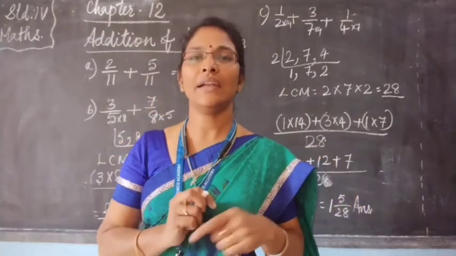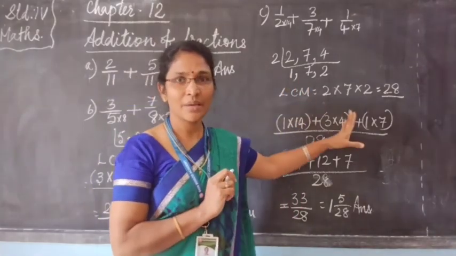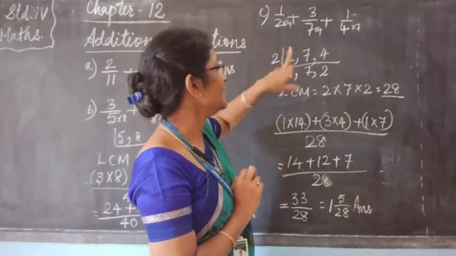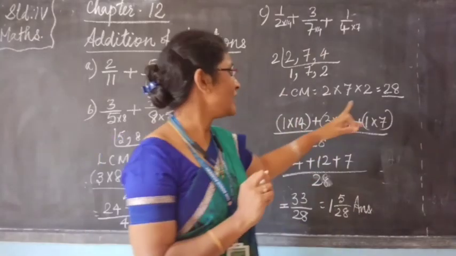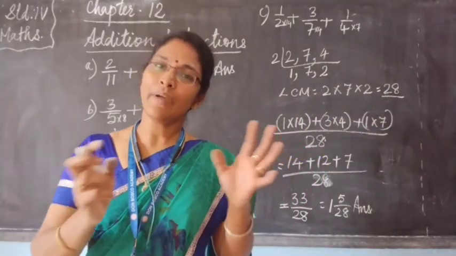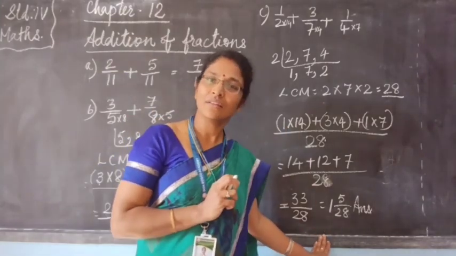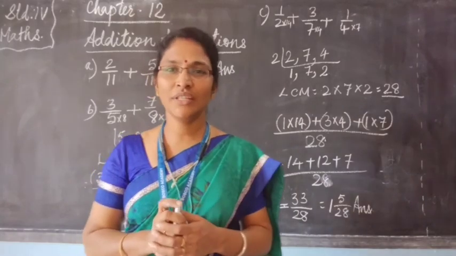Then add all three. Okay? What to do? Find the LCM. That step is the same. Then after that, find equivalent fractions for all three fractions having 28 as the denominator. After finding them, add all three numbers. Then also we will get the same answer. Hope you all understood. Thank you.